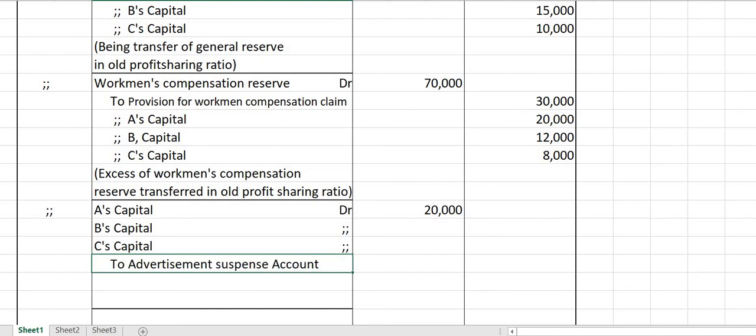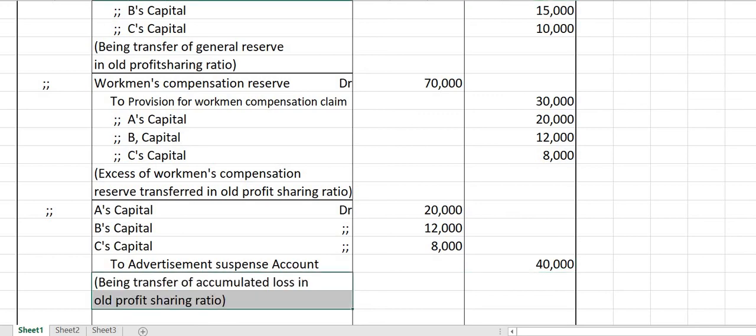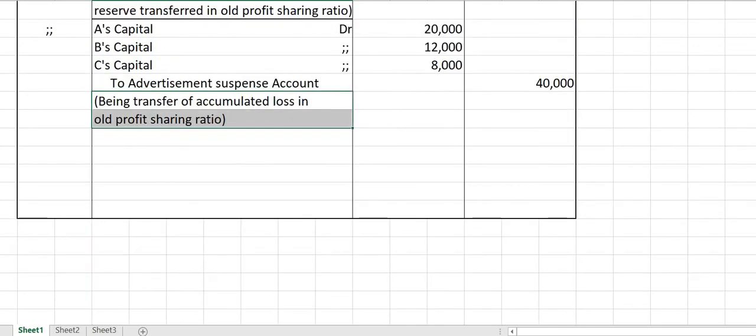Here we are writing the suspense account. A's capital 20,000, B's capital 12,000, and C's capital 8,000. That means the advertisement suspense account is shared and debited to their capital accounts. So the journal entry's narration is being transfer of accumulated loss in old profit sharing ratio.